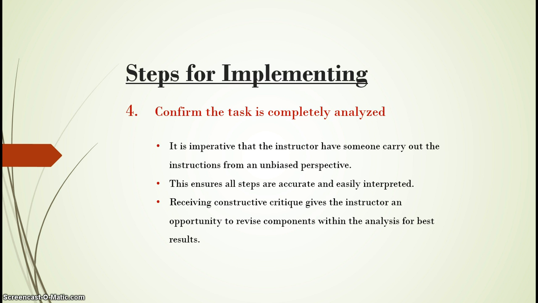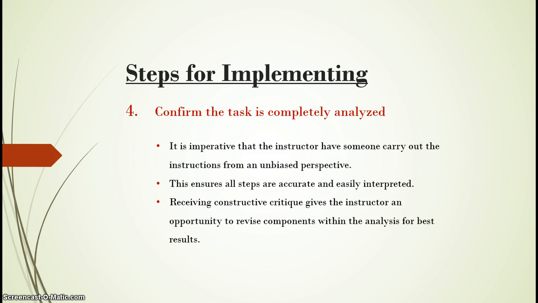The fourth step in implementing task analysis is to confirm that the task is completely analyzed. Once you have your task analysis listed into skills, you're going to want to have somebody else carry out the instructions from an unbiased perspective. That way you can ensure that all the steps are accurate and easily interpreted.